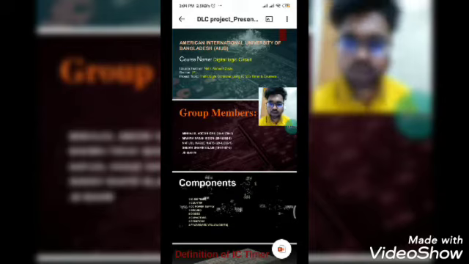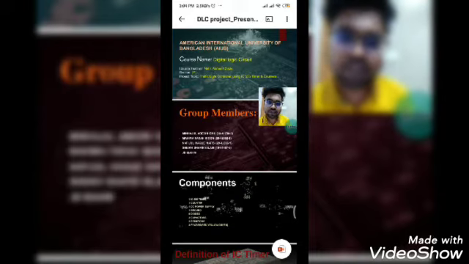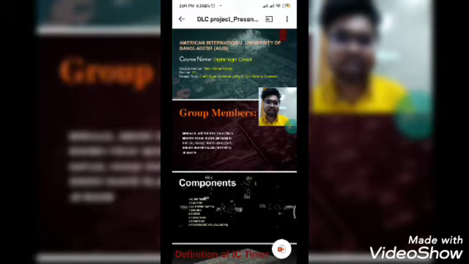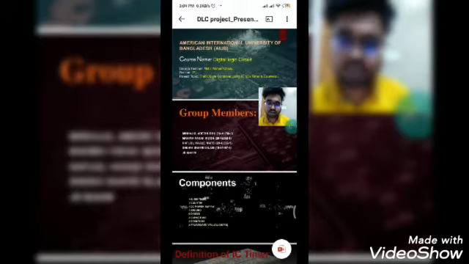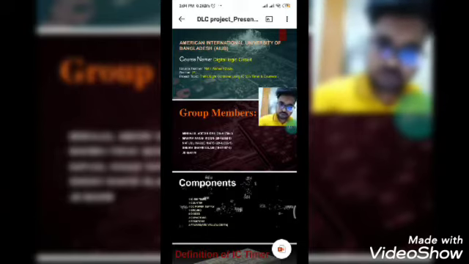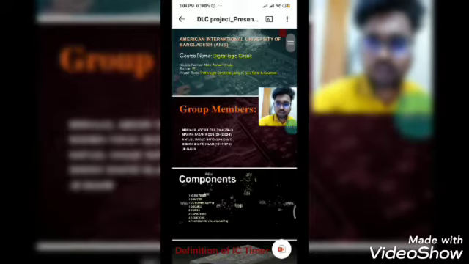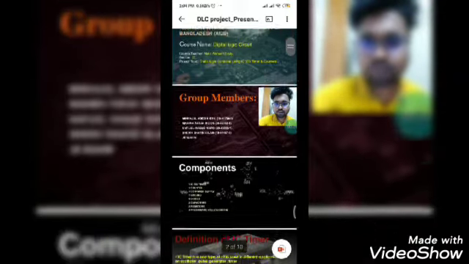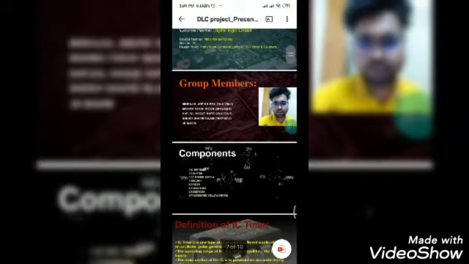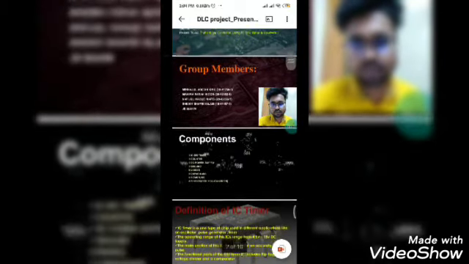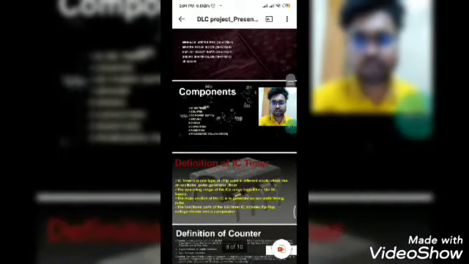Our presentation topic is traffic light controller system using IC 555 timer and counters. Our project group members are Minhajul Abidin Emo, Mahima Farhamun, Nafizul Haq Nafis, Sheikh Shafi Islam, and Jubair Mahim.